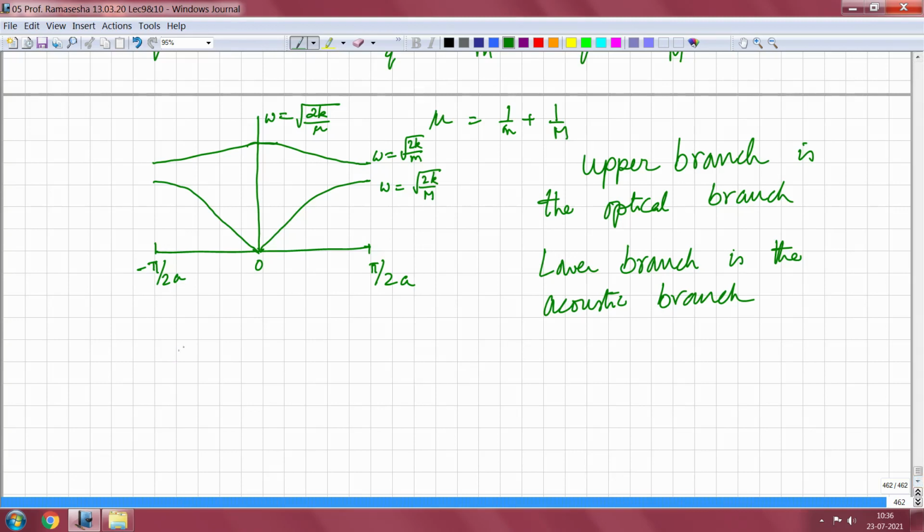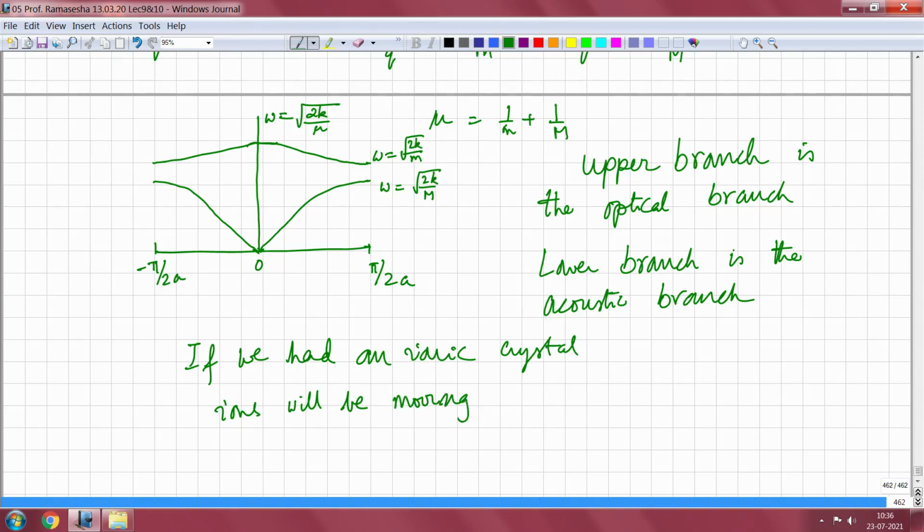So supposing instead of atoms we had an ionic crystal, the ions will be moving in the opposite direction. How do we know?